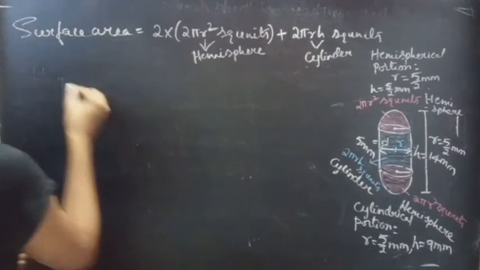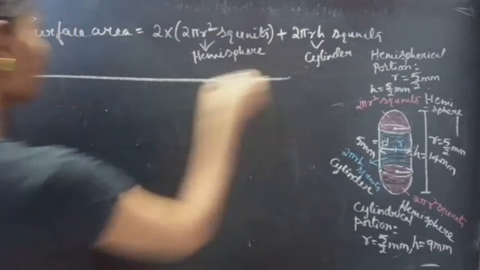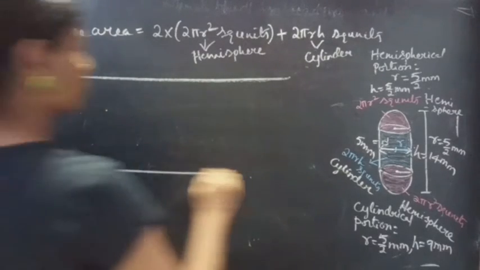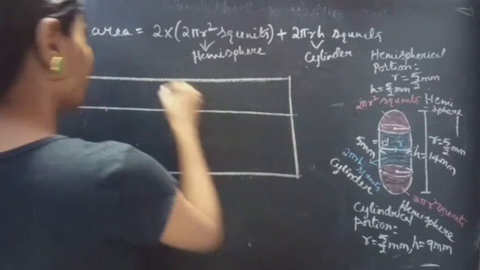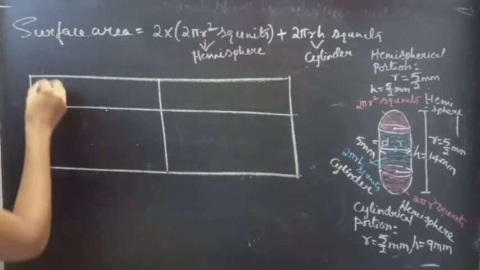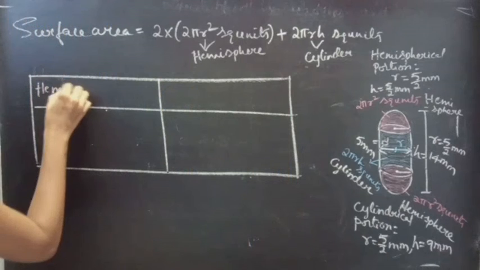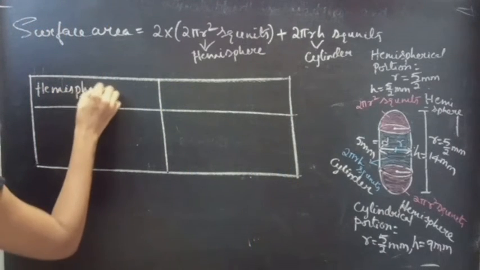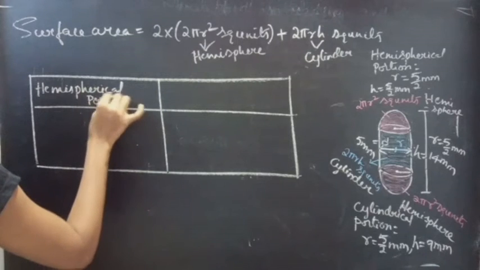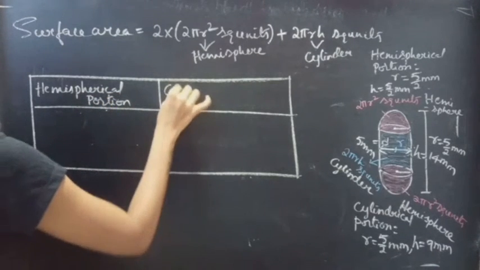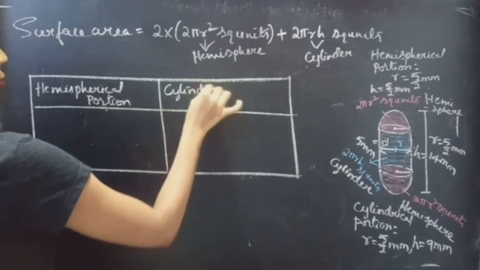Okay, so we have the hemispherical portion and the cylindrical portion.